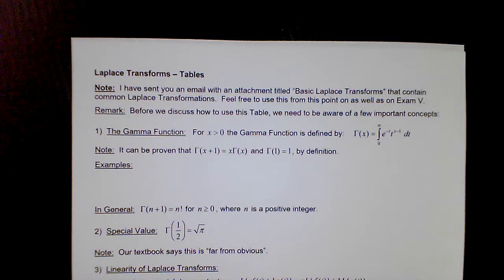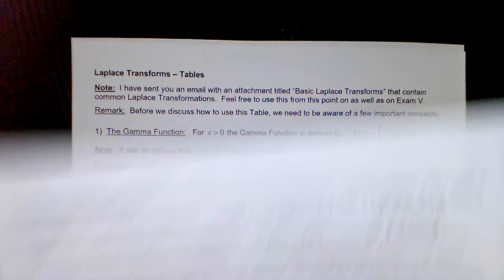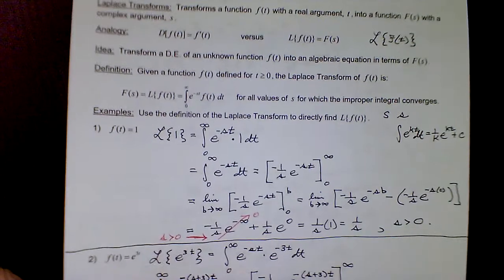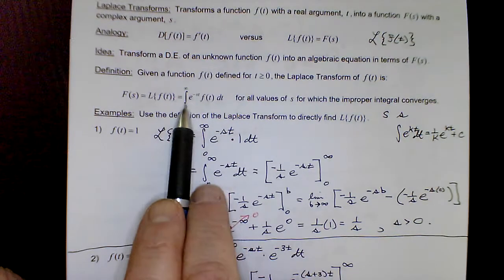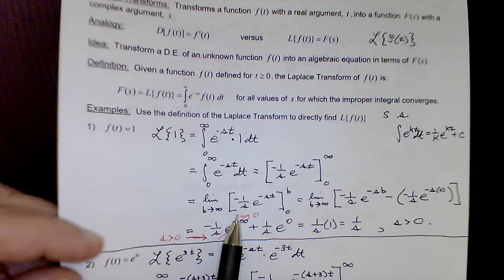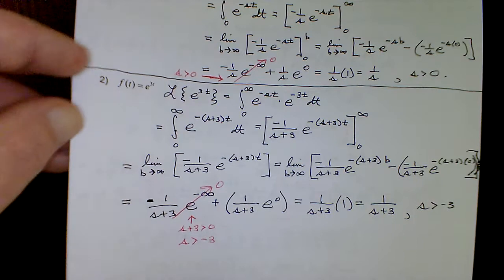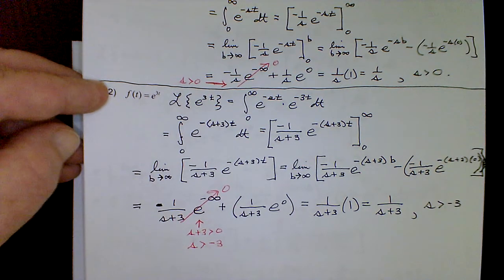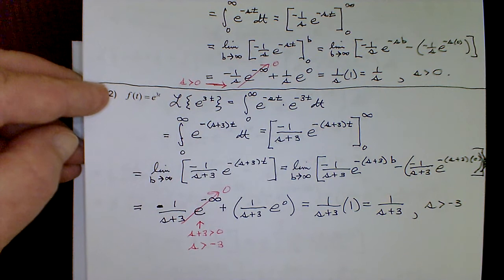Last time we saw the definition, and it was a little bit cumbersome because it involved a formal integral for the Laplace transform. It got a little bit tedious in terms of the integration, and you're going to have one question on the final exam, or Exam 5, whatever you want to call it, regarding the formal definition.